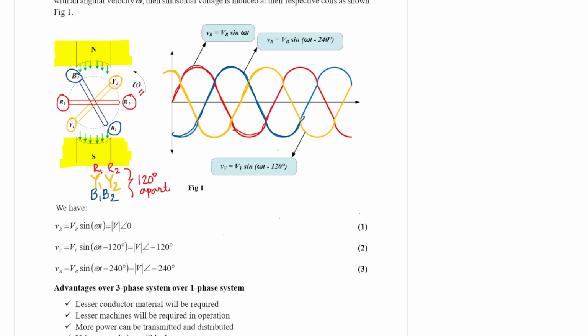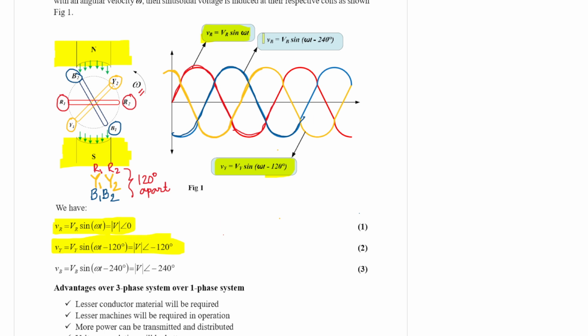So if you consider VR, it is the reference phasor, VR sin omega t, which is written here, and applying the phasor notation, its magnitude is V but the angle is 0 degree. The second one is the yellow phasor, Vy, which is lagging the R phase by 120 degree.